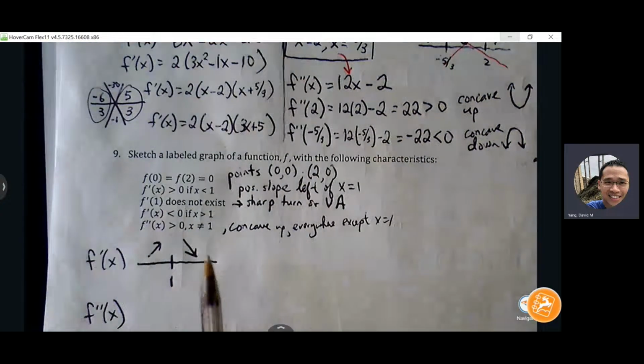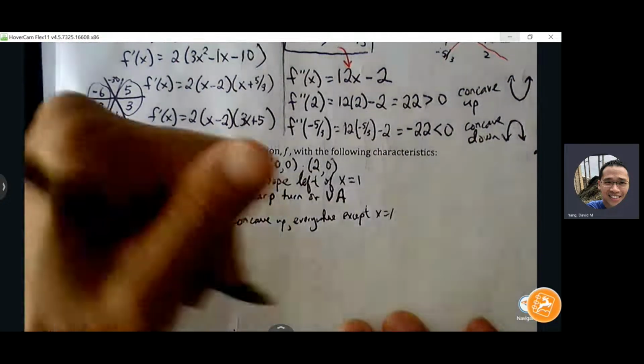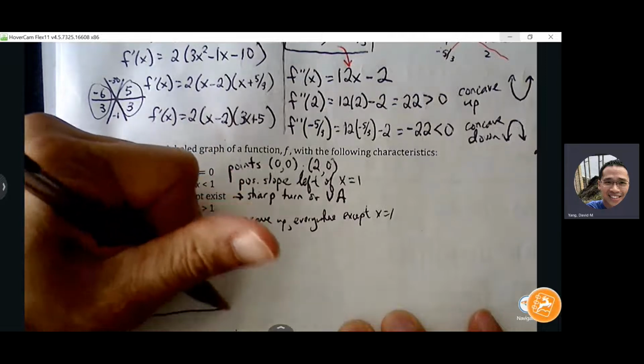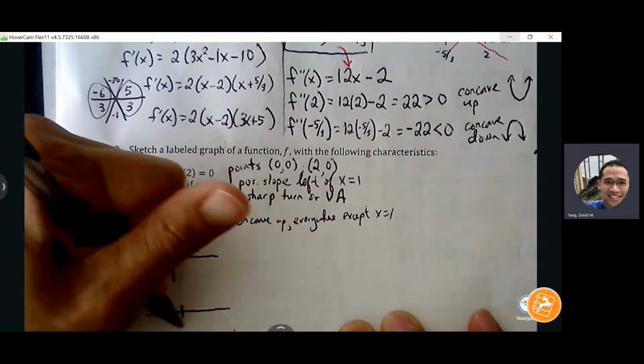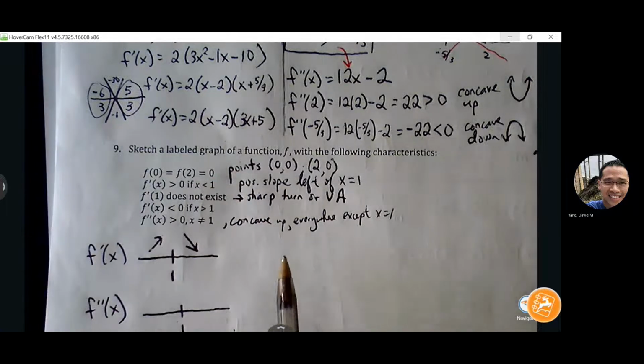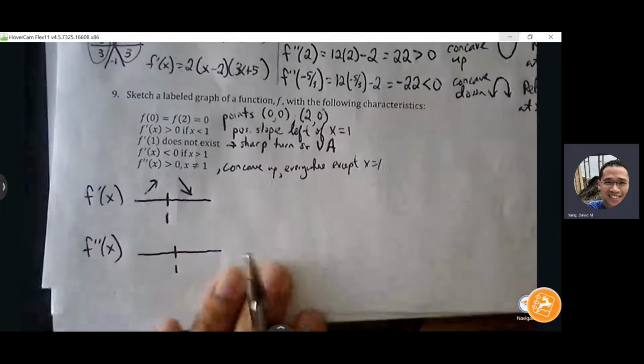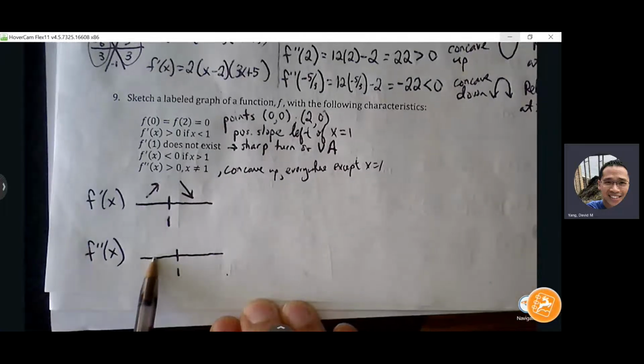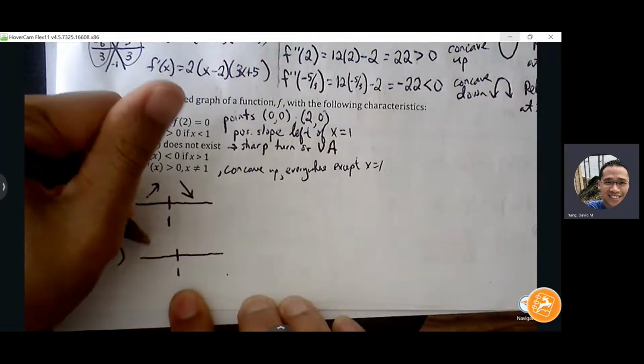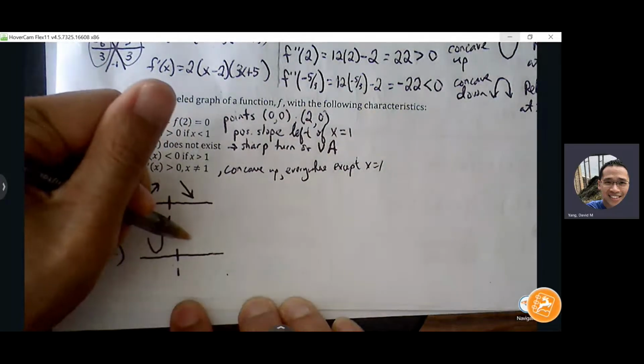Now they do mention x at 1, so that does give you a hint that you do want to include that onto your concavity sign line. So concave up everywhere except at 1. So what can we put over here? Concave up, and then to the right, concave up as well.